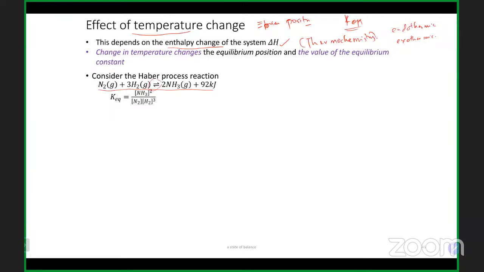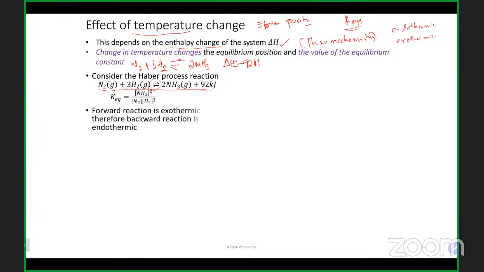So this is an exothermic reaction, which we can also write like this: N2 plus 3H2 going to 2NH3, and delta H is minus 92 kilojoules. So because the forward reaction is exothermic, one of the products is heat. So the forward reaction is exothermic, and necessarily the reverse reaction is endothermic.